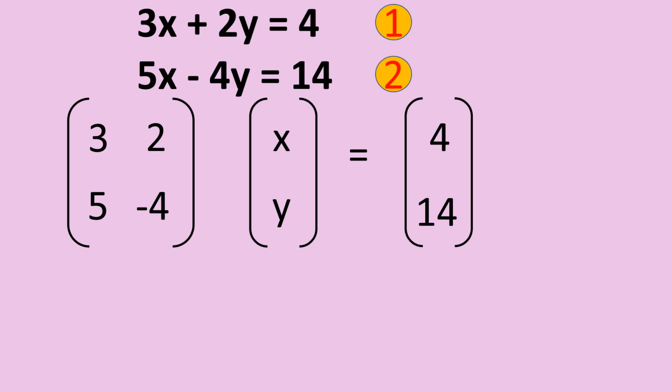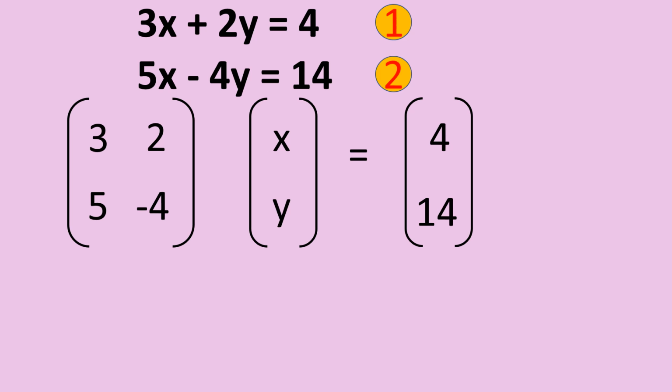So equations 1 and 2 have hereby been expressed in matrix form, as we can see below: 3, 2, 5, minus 4, multiplied by x, y, is equal to 4, 14.